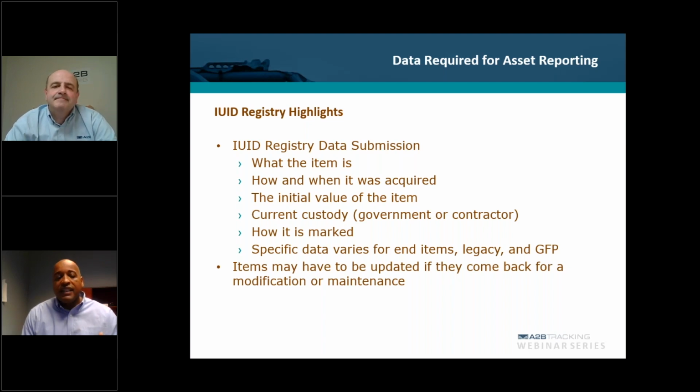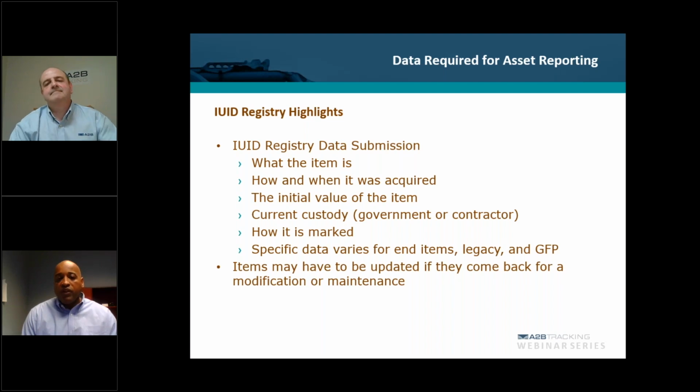So, from a UID registration perspective, the APSR that the government uses is the WAWF, or the IUID Registry. That's where they can go in and look and see what they have, what's marked, and they're really looking to the contractors or the contract community to be able to report on what they have in their possession or what they're managing for the government.